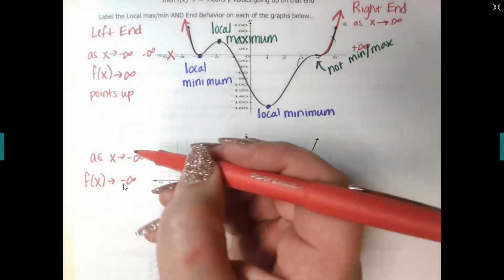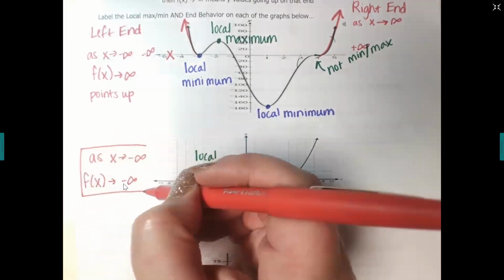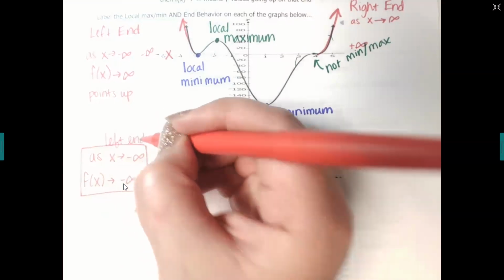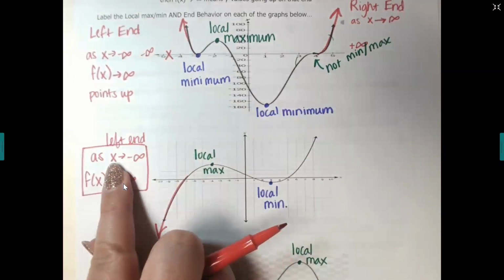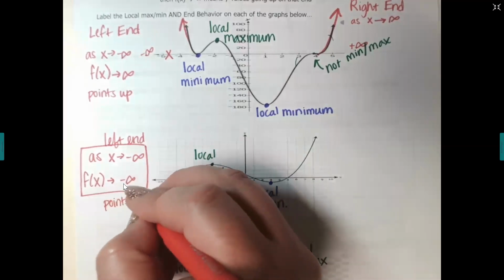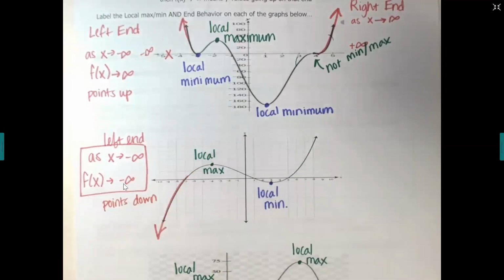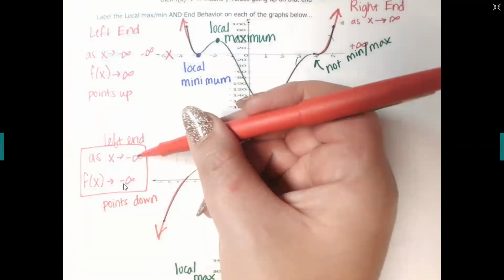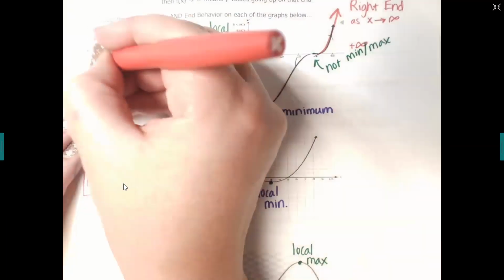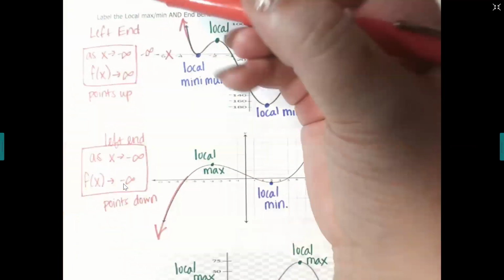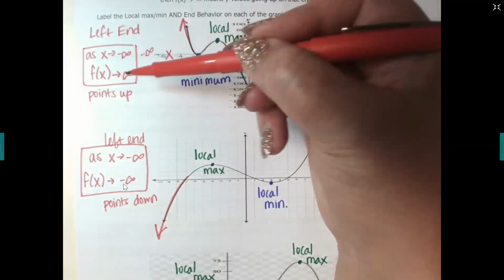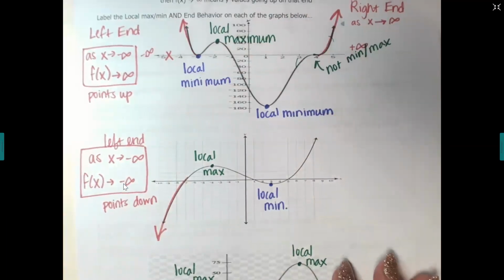What this means is that my left end, because x is going to negative infinity, points down because f of x is going to negative infinity. Versus on this one, you would have said my left end, as I go to negative infinity, points up because my f of x is going up towards infinity.